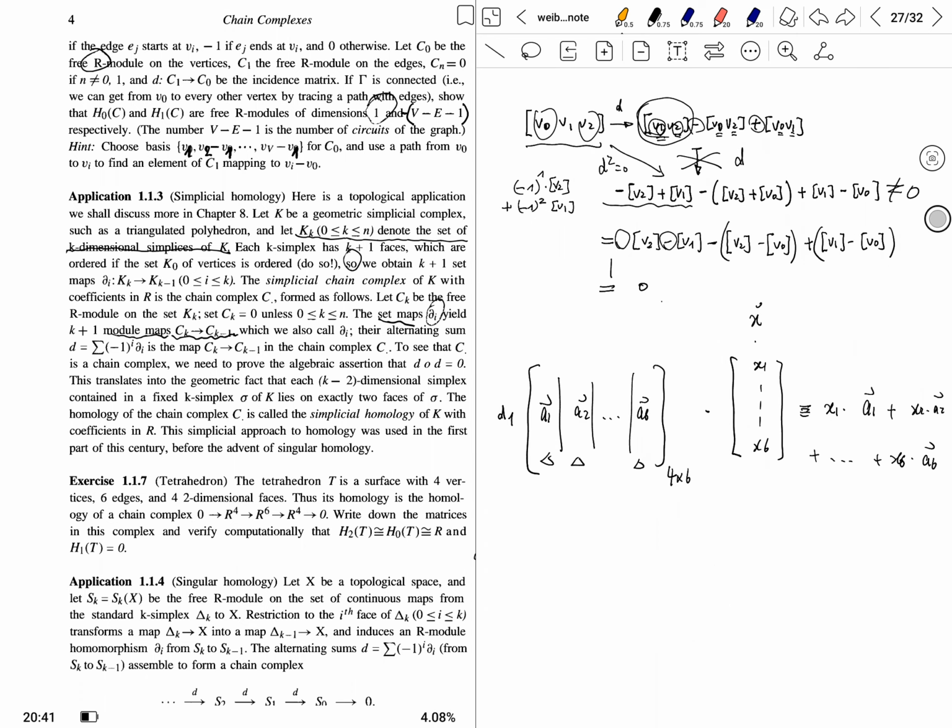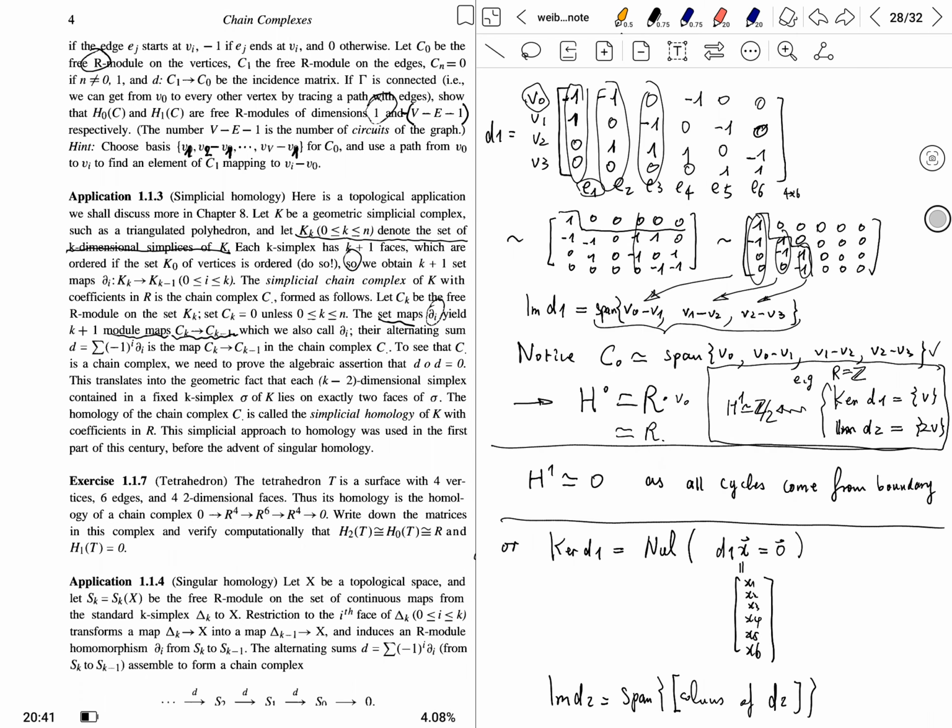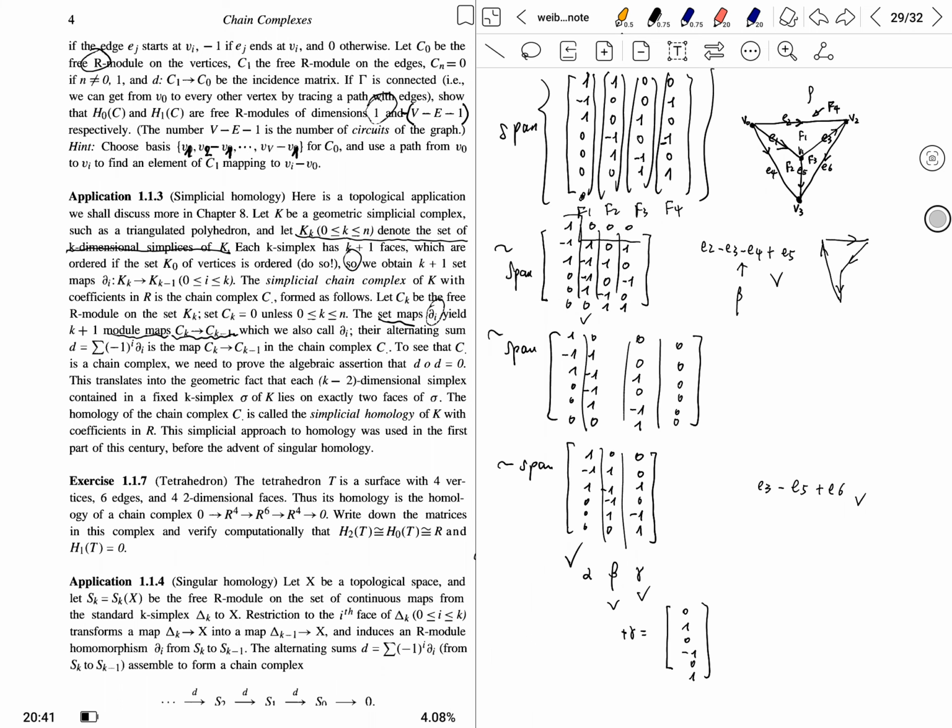But in this case, not necessarily a field coefficient. I would say this argument still works actually. It still works here, but take care in the general case.